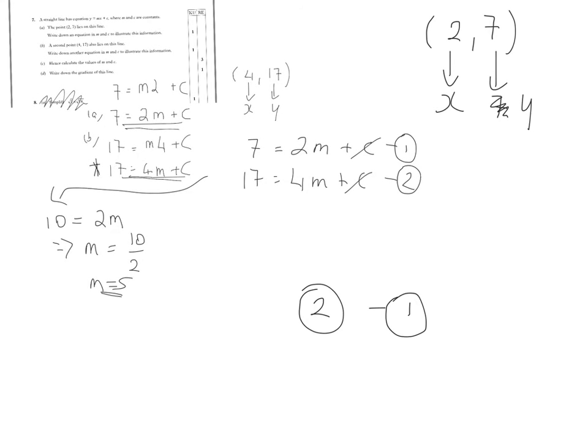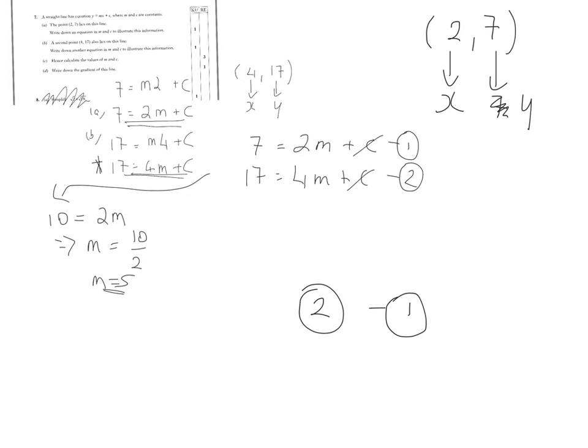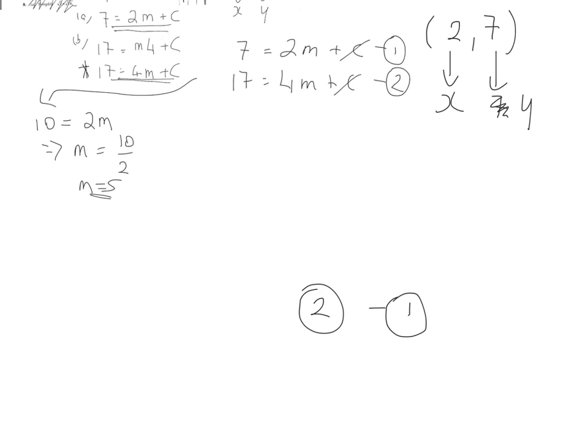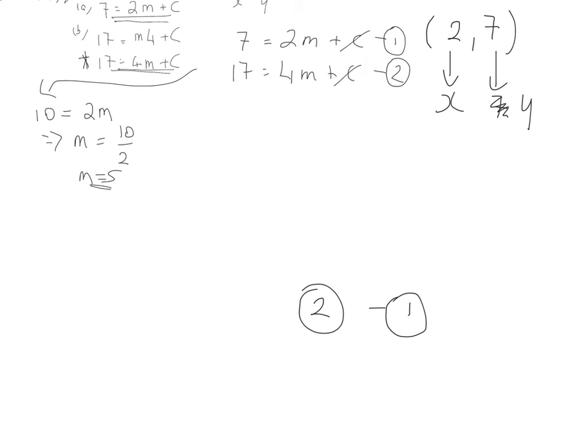So I've got m equals 5. I'm now looking to find the value of c. So that's fine. I just take m equals 5 and I sub it back into one of the equations. Equation 1 or equation 2 would be fine here.